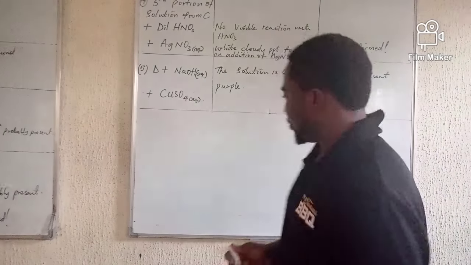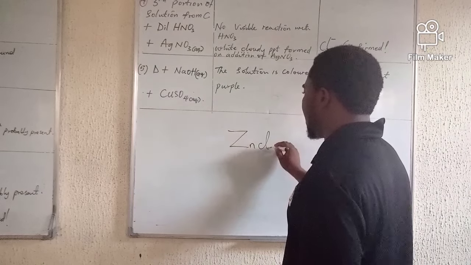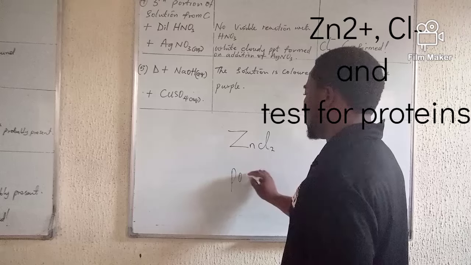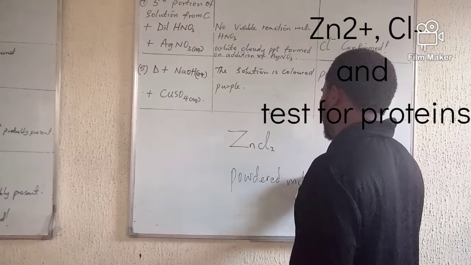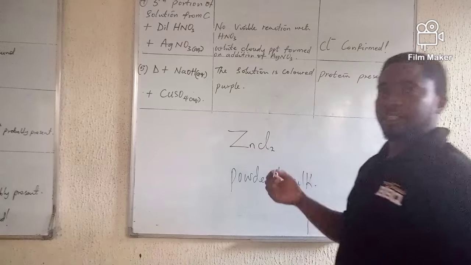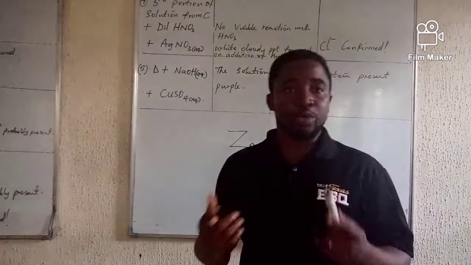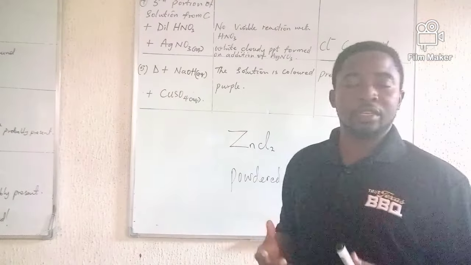Now let's go to the salt specimen that came out as zinc chloride and a solution of powdered milk. This is very, very simple. Zinc chloride is a polar compound, which we know too well is soluble in water.